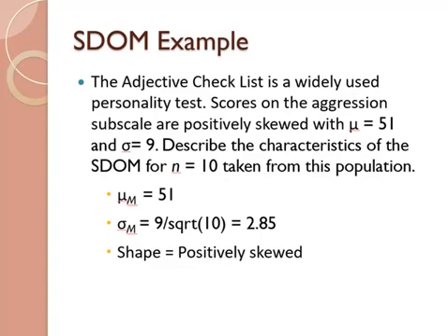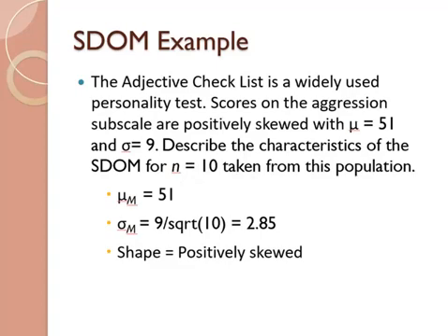In order for our sampling distribution of the means to take on a normal-ish shape, it either has to originally come from a normal distribution, which this original distribution was positively skewed, so it didn't come from a normal distribution, or our sampling size has to be greater than 30. Here our sampling size is only 10.